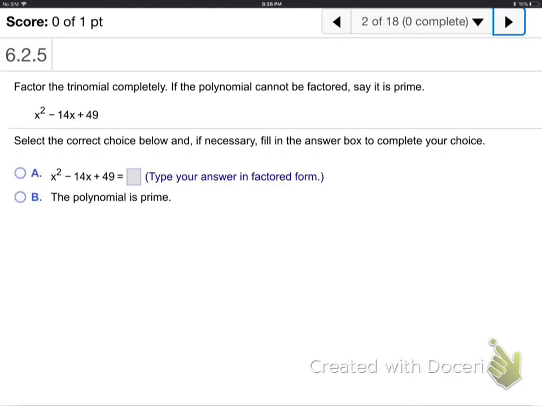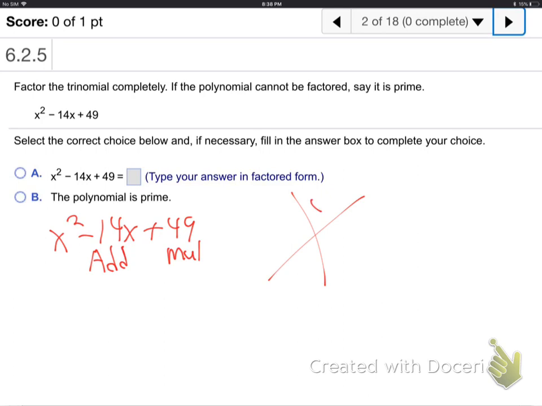Okay, so here we go, number 2. X squared minus 14x plus 49. Do the same thing, do the diamond. Remember, they need to multiply to be the back number, add to be the middle number. So you write the positive 49, they need to multiply to be positive 49.